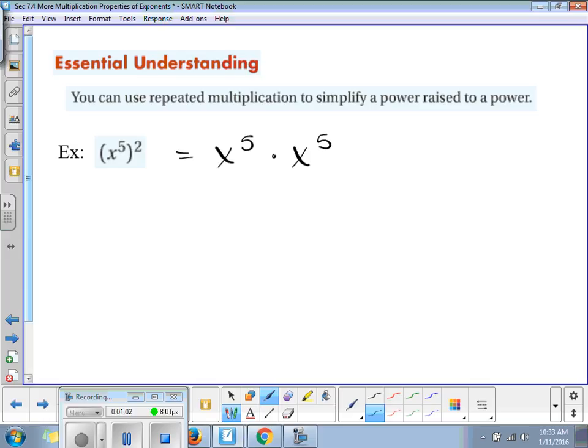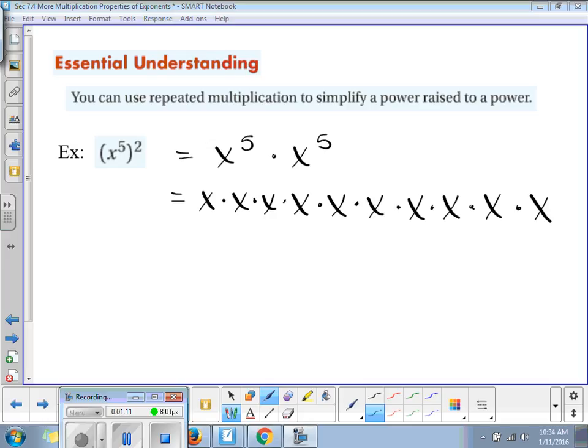Okay? Now x to the 5th is x times x times x times x times x. Everybody with me? So this is x to the 5th times x to the 5th, all of those x's. So if I wanted to write all of those x's using one exponent, that would be x to the 10th.